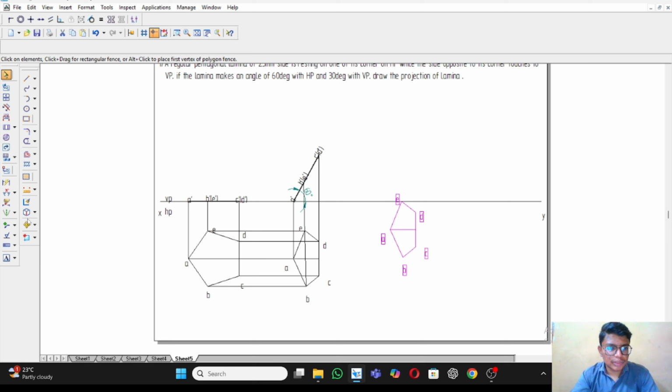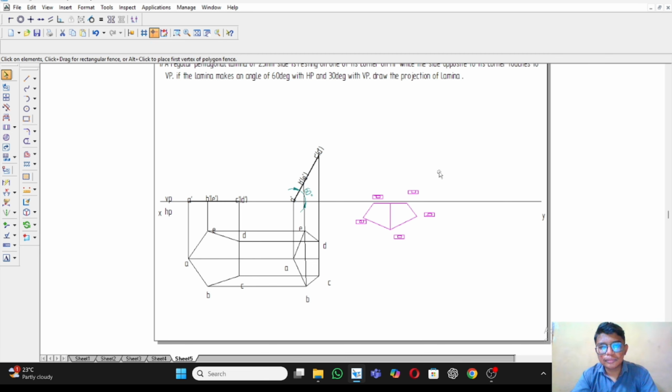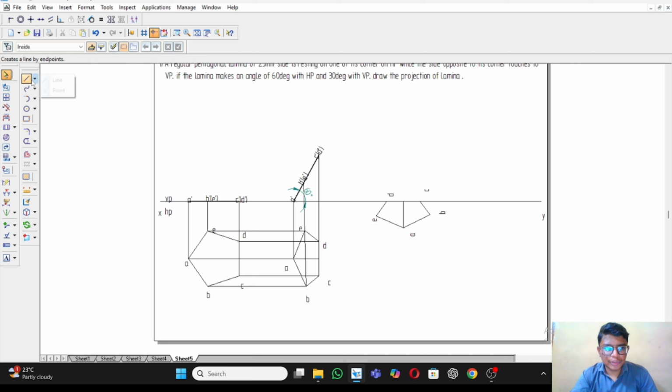We have to rotate these parts by selecting rotate. Project the lines upwards.